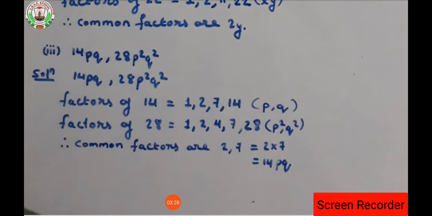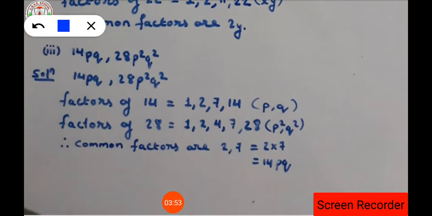Next, third part: 14pq and 28p square q square. The factors of 14pq are 1, 2, 7, 14, and pq will be there along with that. Then the factors of 28 are 1, 2, 4, 7 and 28, along with the variables p square q square.